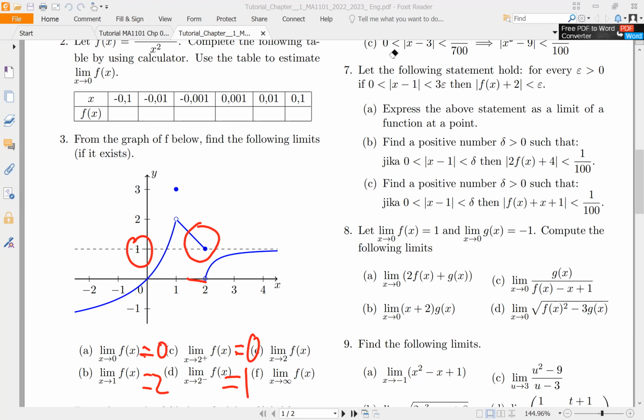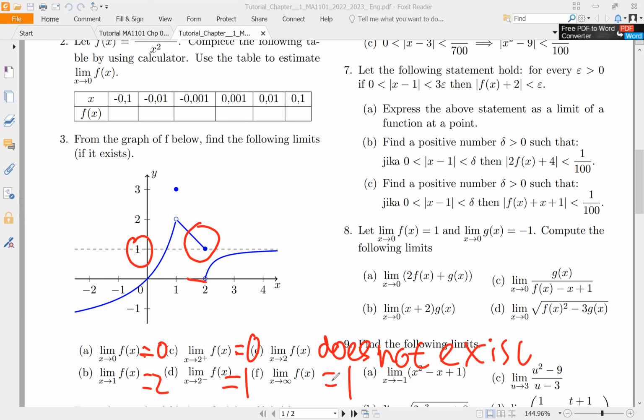So the conclusion for part E: the limit of f at 2 does not exist, because the left-hand limit and the right-hand limit are not equal. Okay, and of course, for part F, if you continue this way, because it's a horizontal asymptote, you know that the limit at infinity equals 1. Okay, so that's the answer.